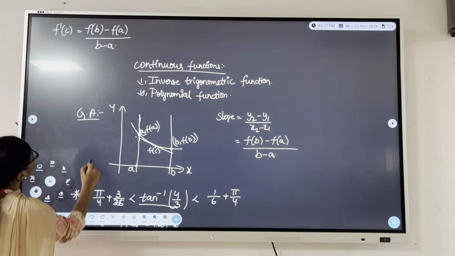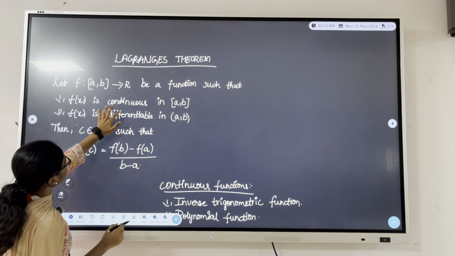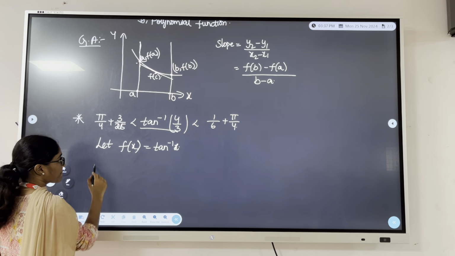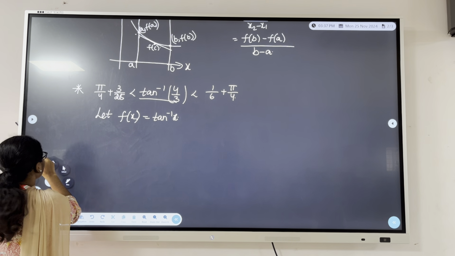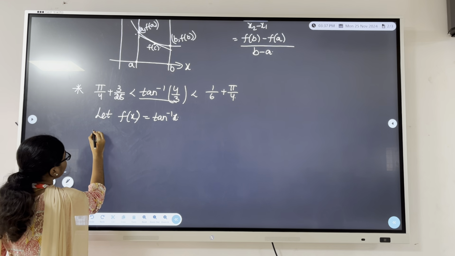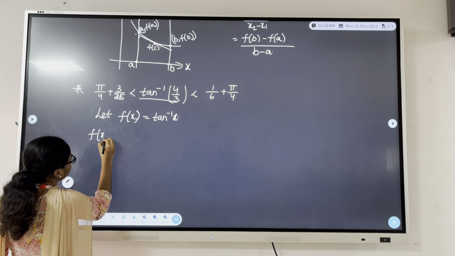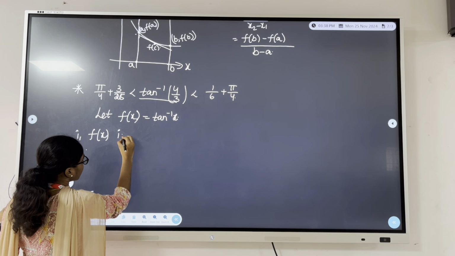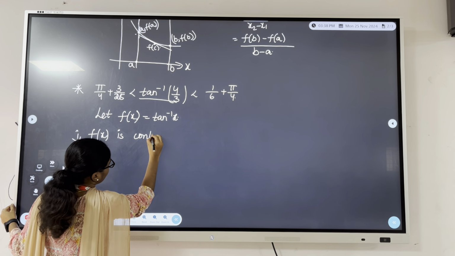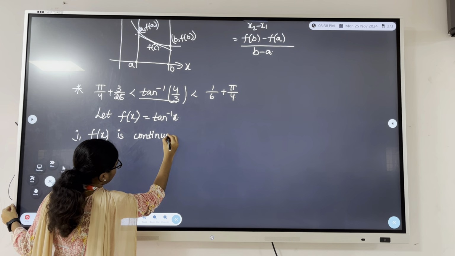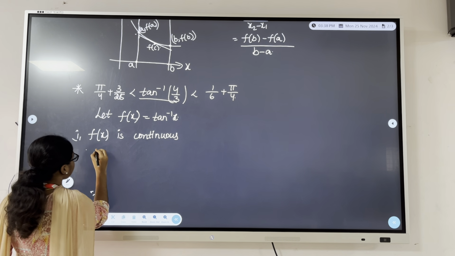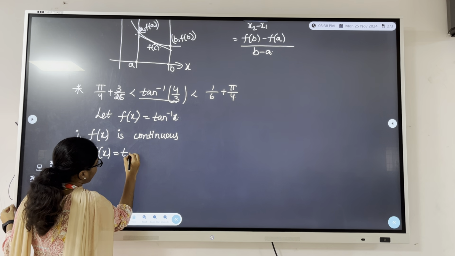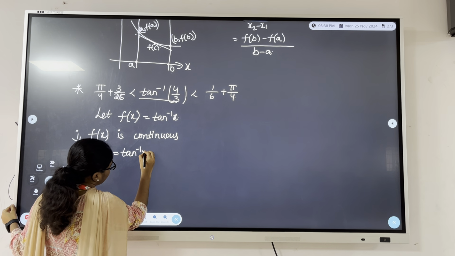As we all know that the first condition to solve is continuous function. So let us solve it. f of x equals tan inverse x.